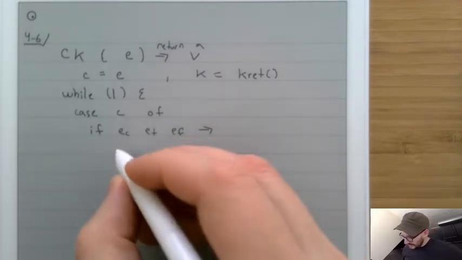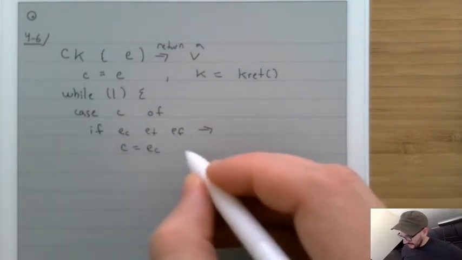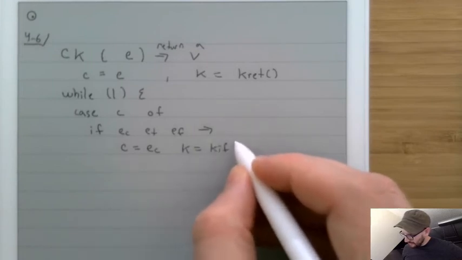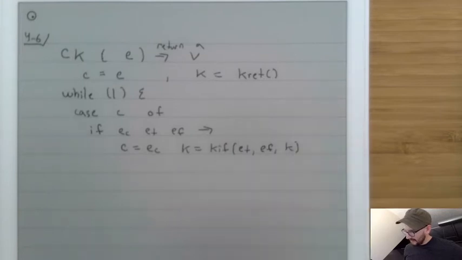So C is going to equal EC, and K is going to equal KF of ET, EF, and K. And then we go back to the top of the while.